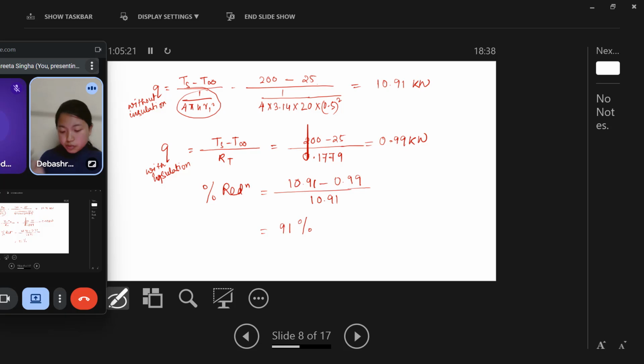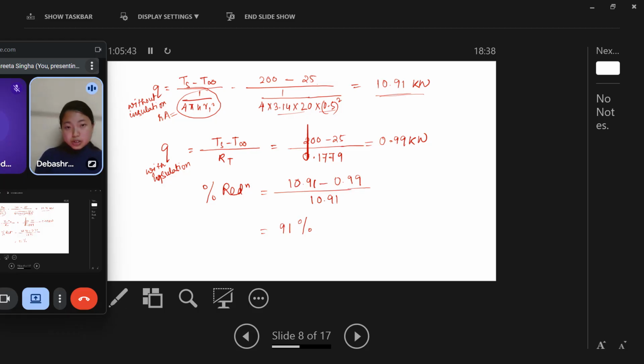So it is 200 minus 25 divided by 1 by HA. A, for a sphere, is given by 4 pi r square, and R is 0.5, and you can just calculate it to be around this.